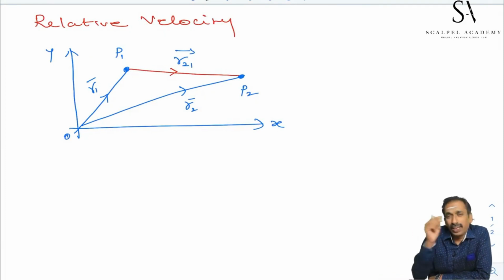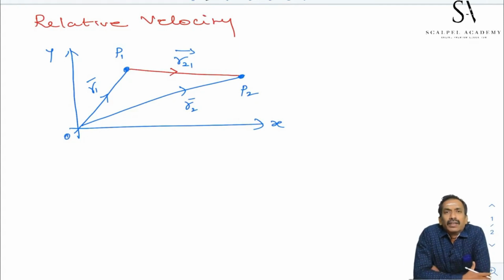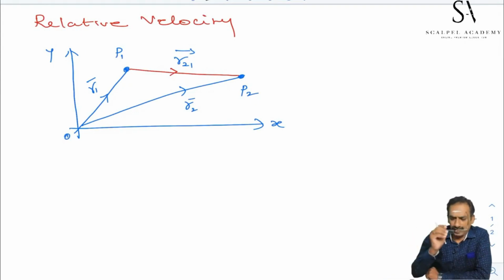This R21 is called a relative position. If there is a displacement of P1 and P2, this R21 represents relative displacement. Shall we say R21 is the position of the second with respect to the first?